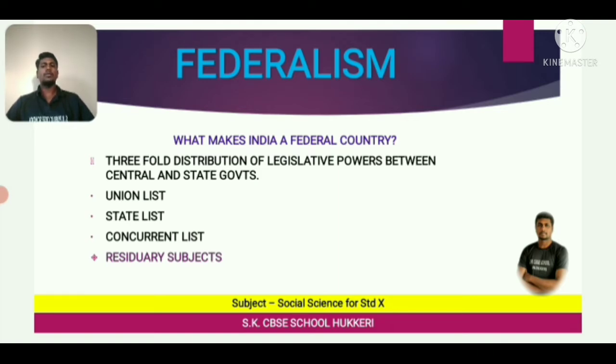See, the constitution declared India as a union of states, although it did not use the word federation. I mean, in the constitution there is no word used called federation, but India is a federal country. Why?